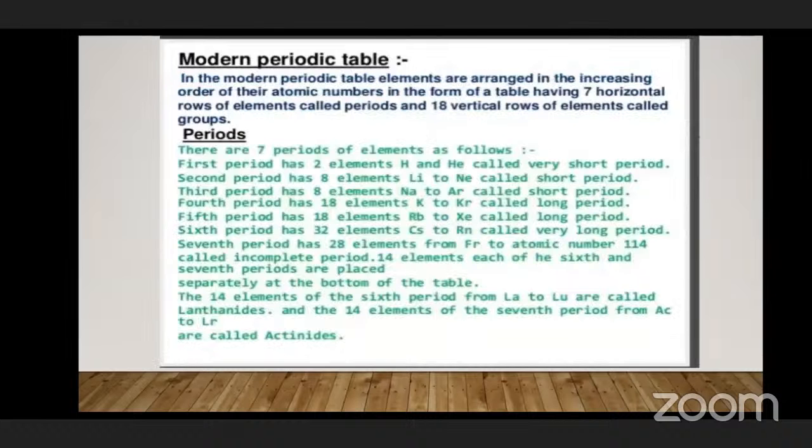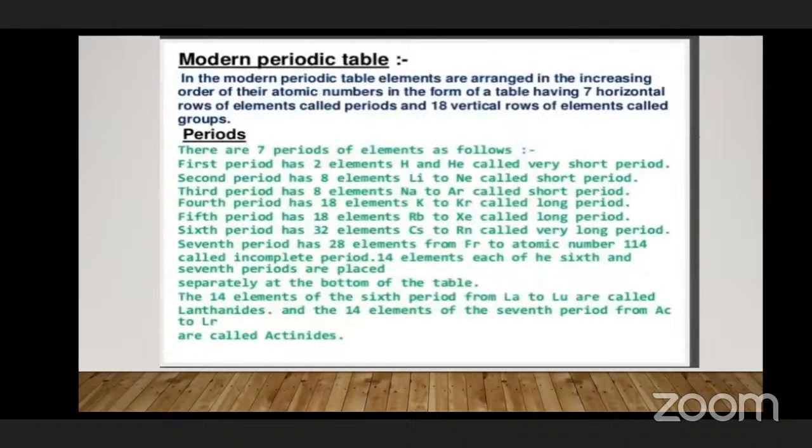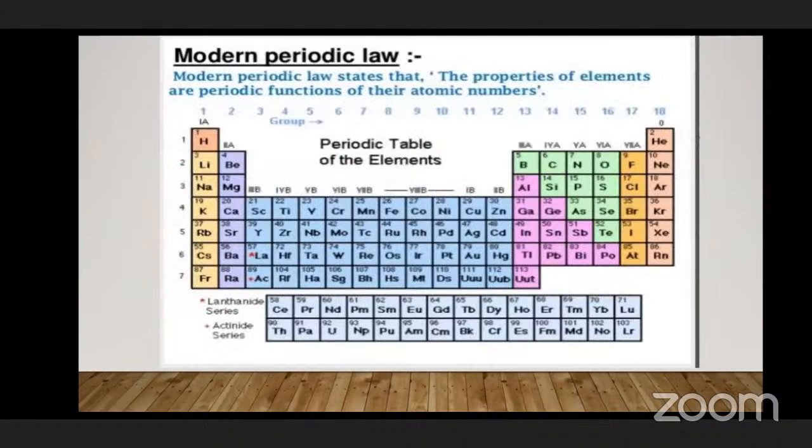Okay. So now group 1 elements are called alkali metals. Once you observe, children, group 1A, what are the elements? Hydrogen to francium: hydrogen, lithium, sodium, potassium, rubidium, cesium, francium. These elements are called alkali metals.